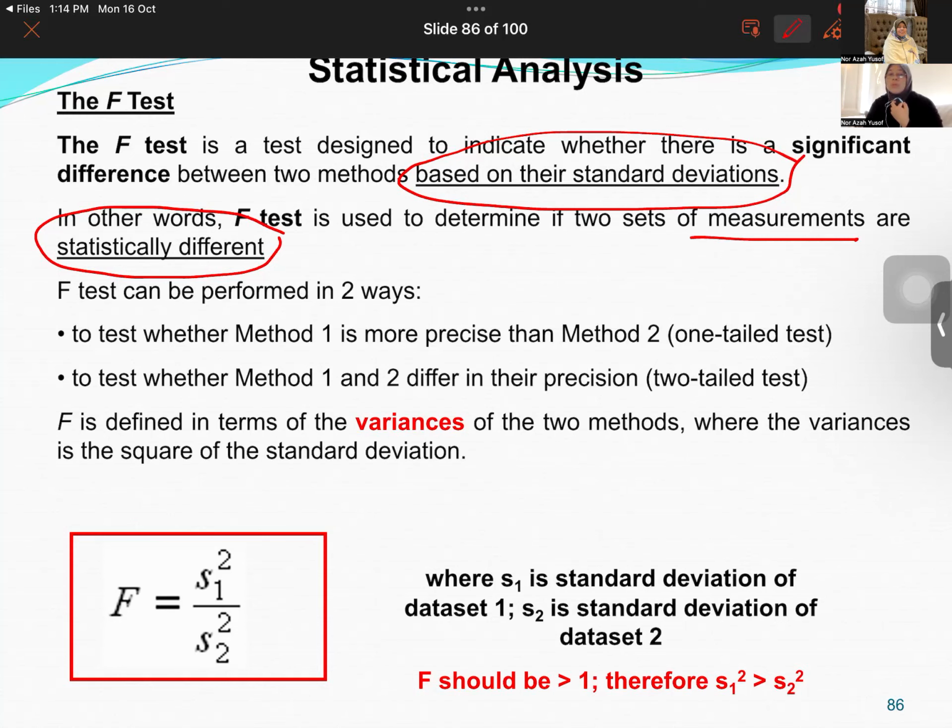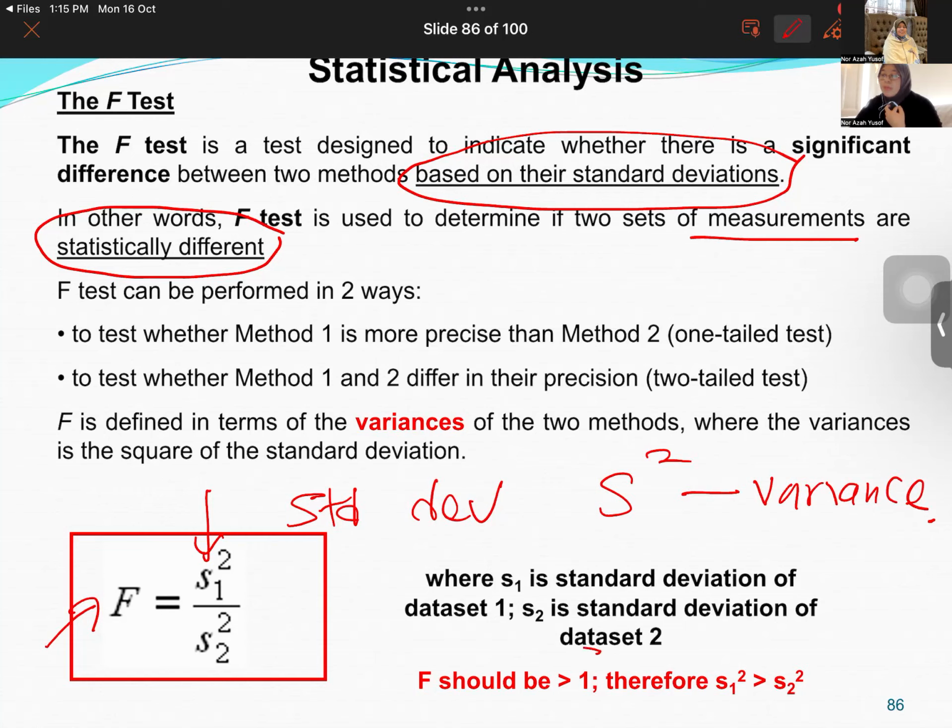And the most important is you already know what S is. S is the standard deviation just now, but when you make it S squared, it is called variance. So the key is, when we do a calculation for F, the value has to be more than 1.